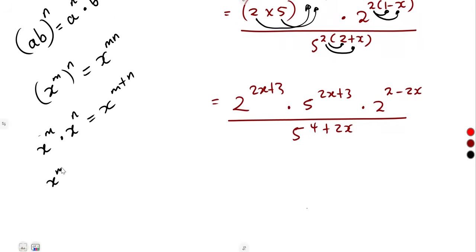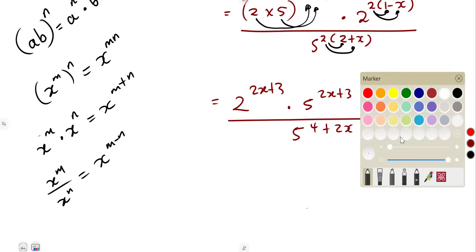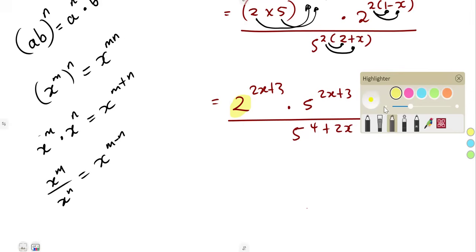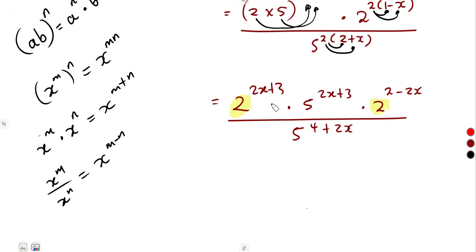When it is a division, you subtract, m minus n. So this is exactly what is happening here. 2 times 2, these are the same bases. You are multiplying this to this.